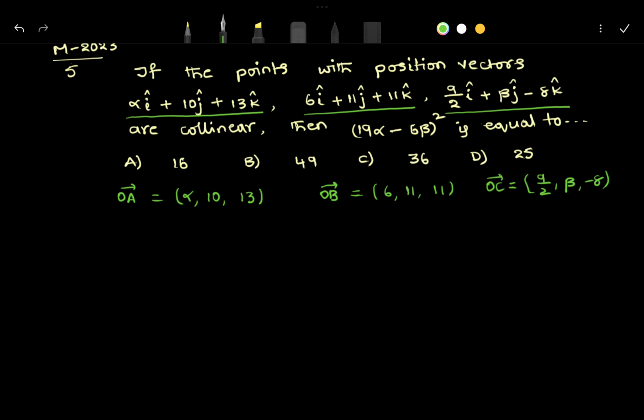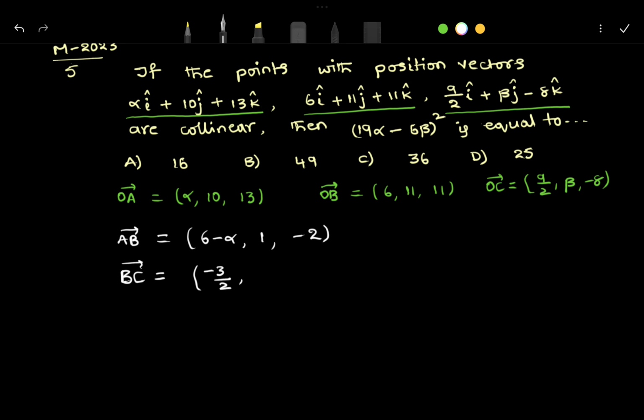Now find AB bar. AB bar means OB minus OA, that is 6 minus alpha, 11 minus 10 is 1, 11 minus 13 is minus 2. This is AB bar. And next, BC bar is OC minus OB. 9 by 2 minus 6 is minus 3 by 2.